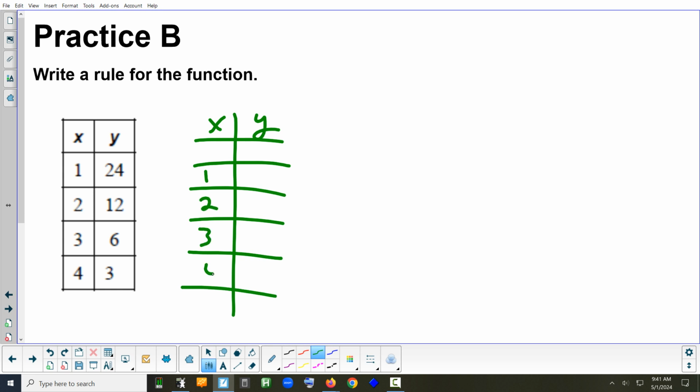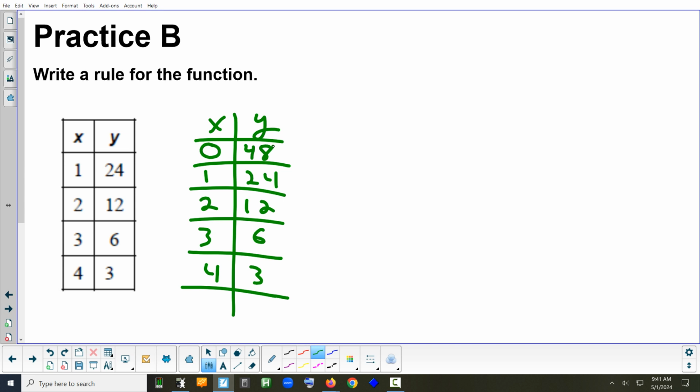We've got 24, 12, 6, 3. You need to figure out the pattern and go back one more row. What would be the number next to 0 if it follows the pattern? 48. Right, it would be 48. So that's what you needed to figure out first.